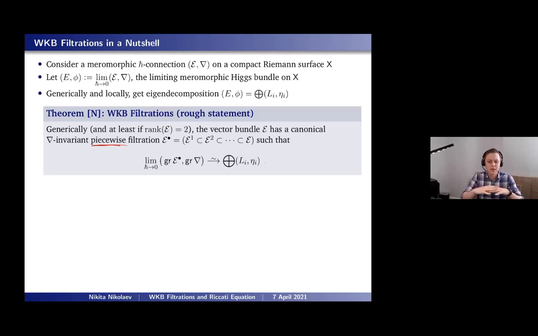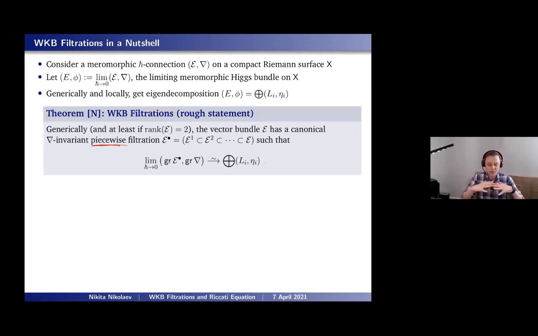So it is a covering, and these open sets are canonically defined, and on each of these cells there is a canonical filtration. So this filtration is not a global filtration, but it's also not a local filtration. It really is a piecewise filtration. For each cell there is a filtration. So that's the structure you get.